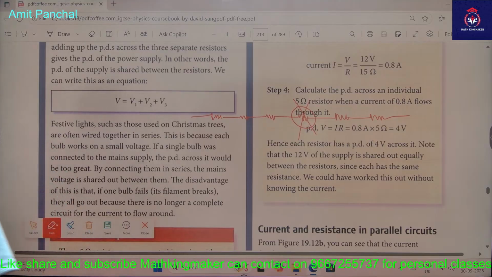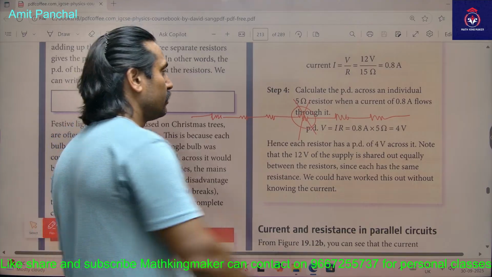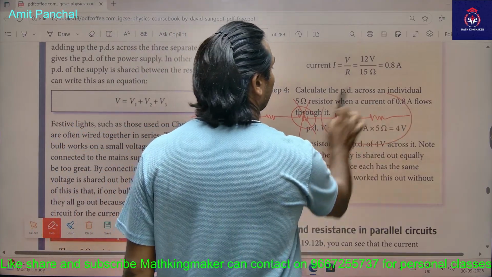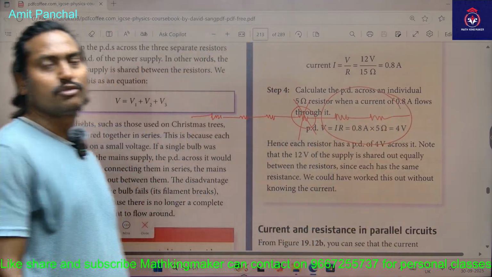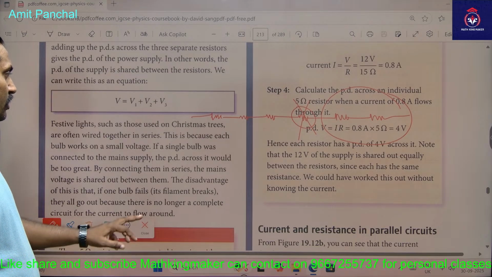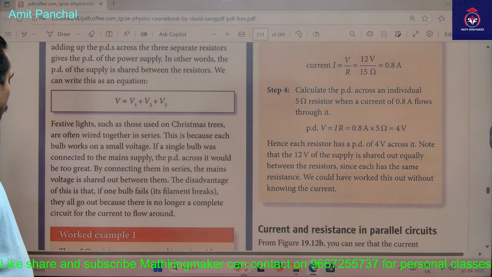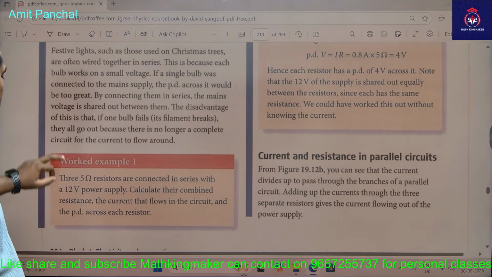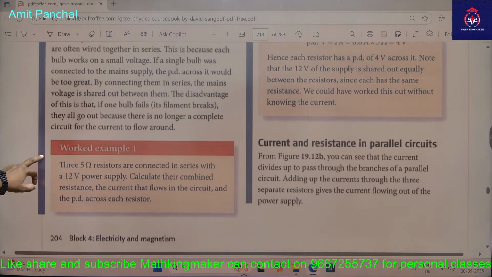That will not pass the current. So they will not be glowing. That is the main disadvantage of the series combination. So it will all be powered off, nothing will have power. Got my point?